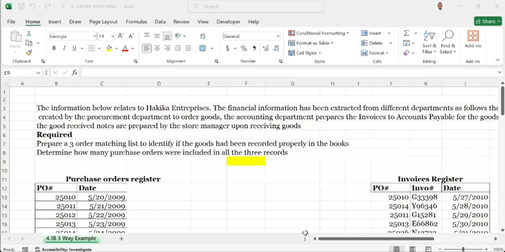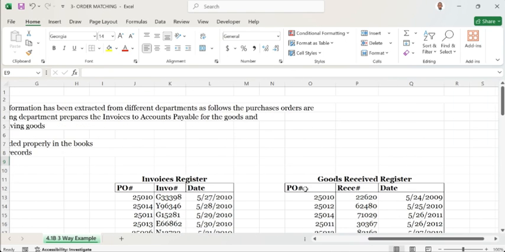I think you have this. Do you have it? Yes, correct. Now, when you talk about three-way order matching, it is so simple.